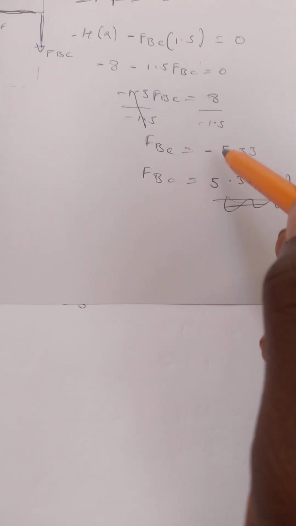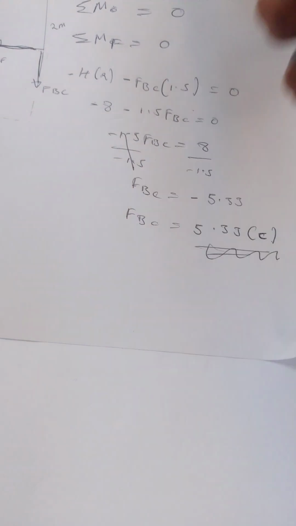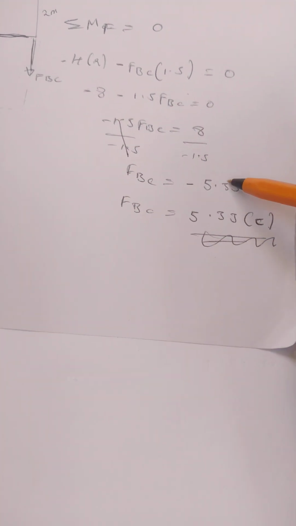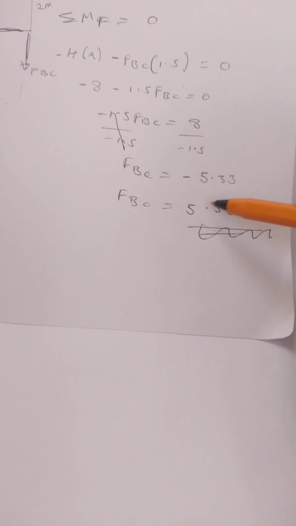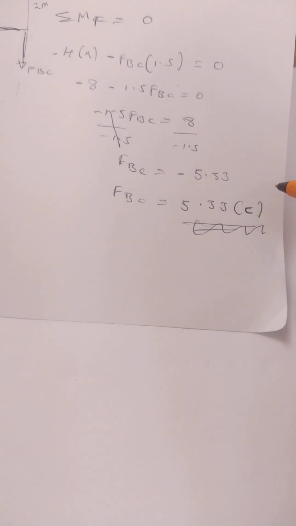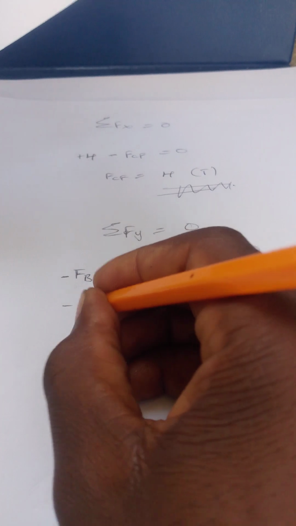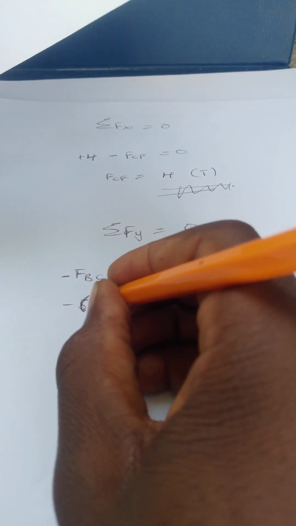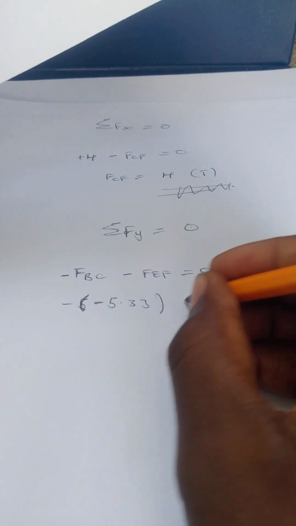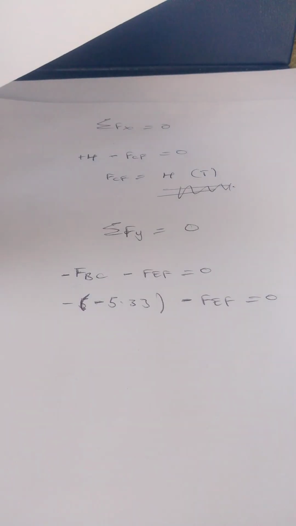Since it was negative, always represent it as negative, because whatever we answer in here, like I've been saying, we are assuming as tensile. The negative just told us that it was not supposed to be tensile, but compression. So we are going to replace with a negative here. So I'll say open, negative 5.33, then we close, then minus EF, then equals 0.